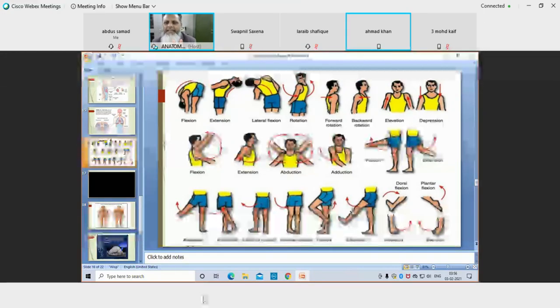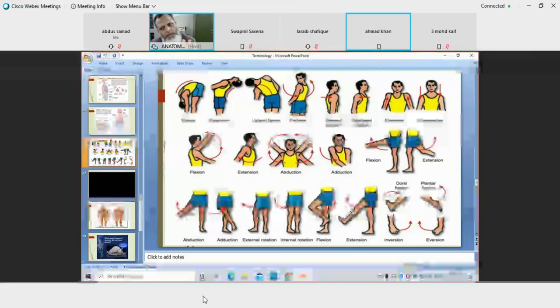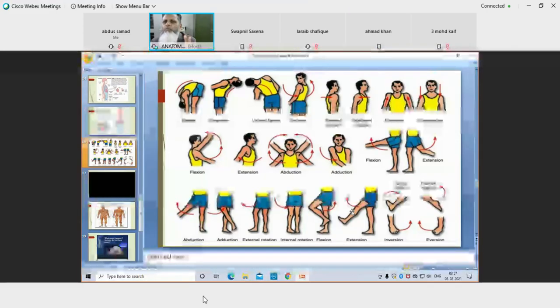Second is angular movement, from angle: right angle, obtuse angle, acute angle. In physics also you will be aware of angular movement. The third is rotational movement. And fourth is a special movement occurring at some joints.